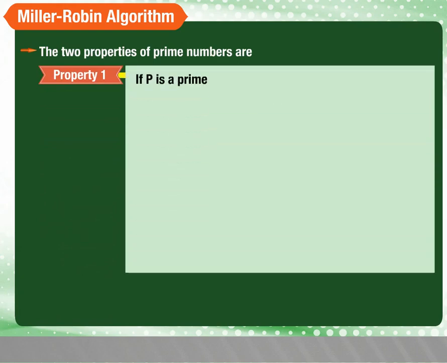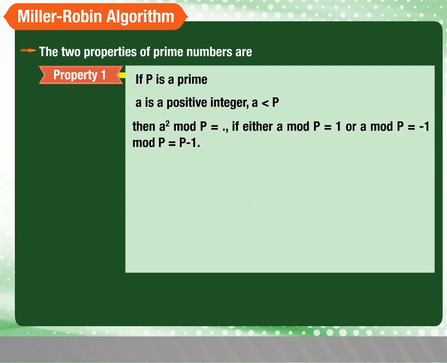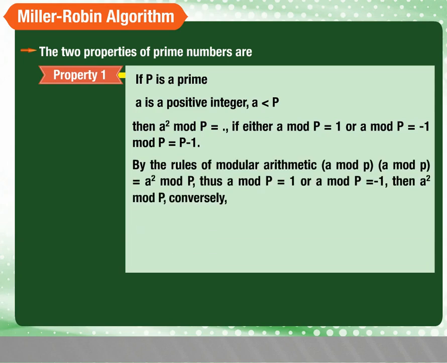If p is a prime and a is a positive integer less than p, then a square mod p equals 1 if either a mod p equals 1 or a mod p equals minus 1, that is p minus 1. By the rules of modular arithmetic, a square mod p is equal to (a mod p) square.